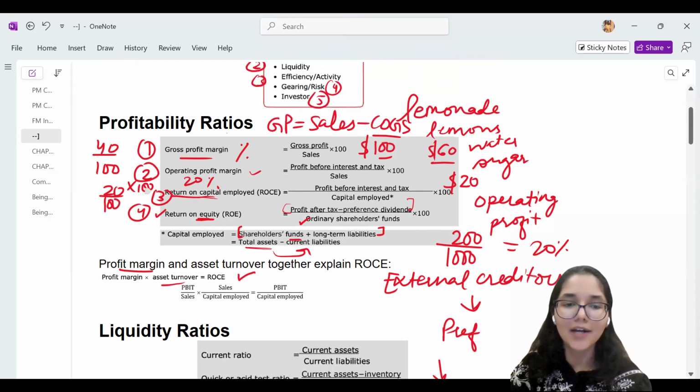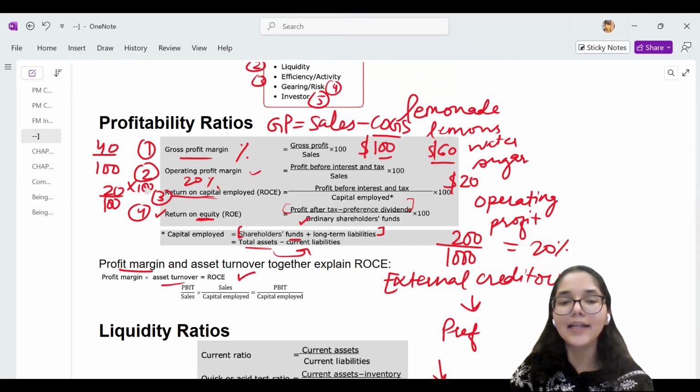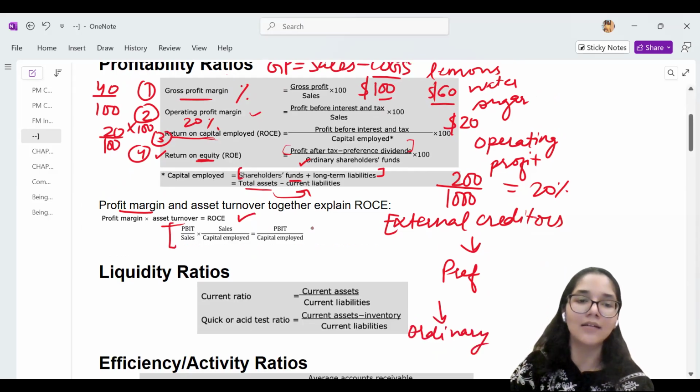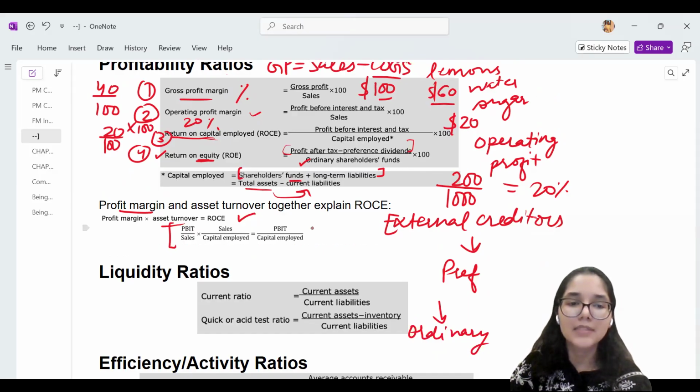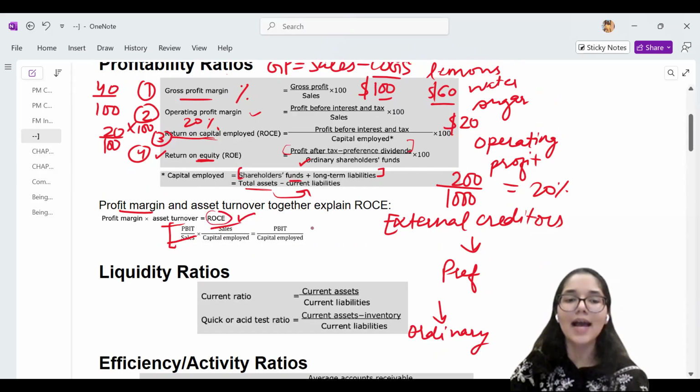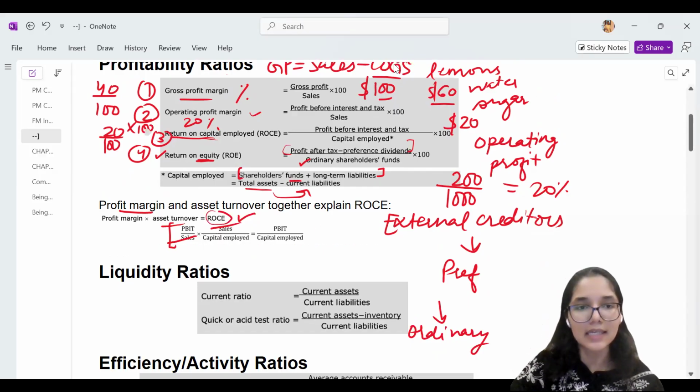For the profit margin, the formula is PBIT upon sales. Multiply this with the asset turnover, whose formula is sales upon capital employed. If you write them together, sales and sales cancel each other. So you get PBIT upon capital employed, which is the exact formula of your ROCE.